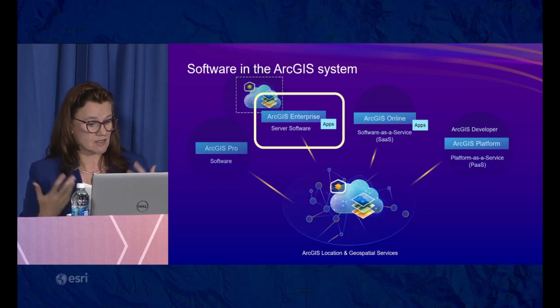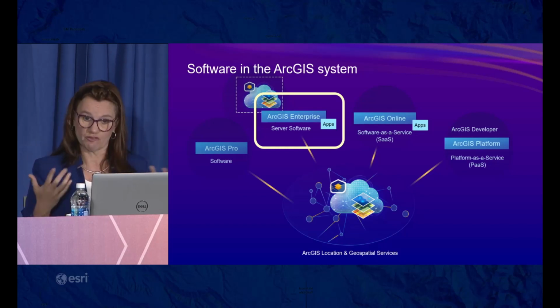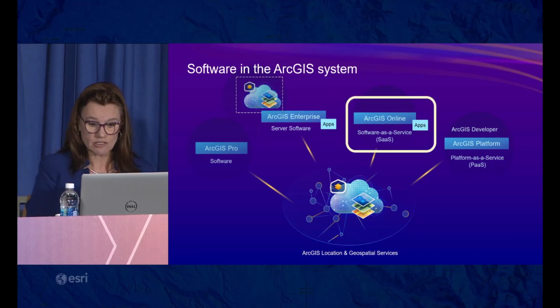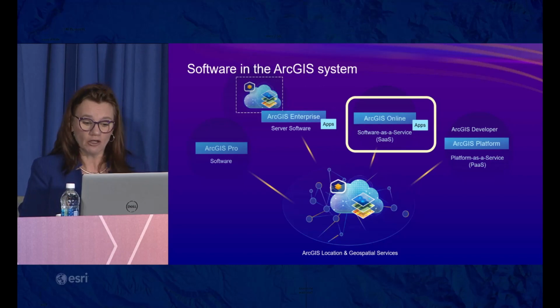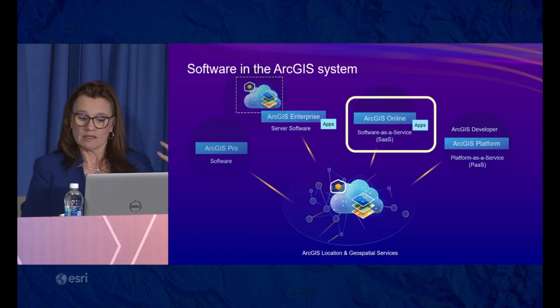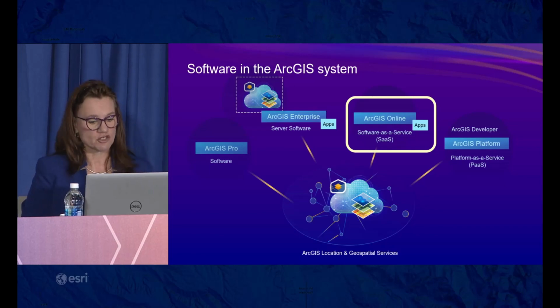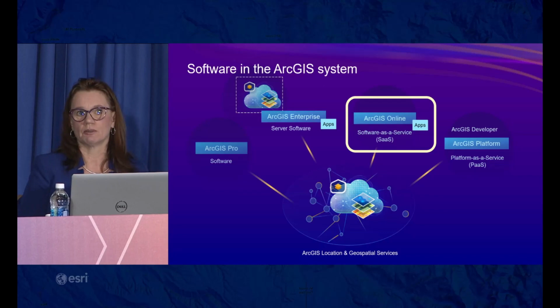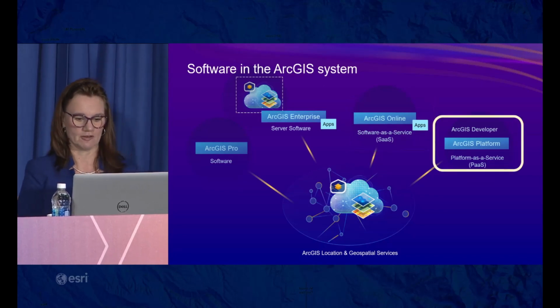It provides a cloud workspace for doing your GIS workflows in the clouds. And then ArcGIS Online supports very similar workflows, but is software as a service maintained by Esri. So you don't have to worry about licensing and version upgrades and all that good stuff.